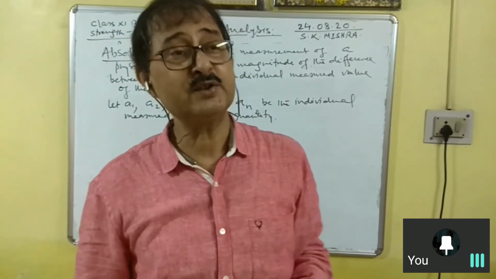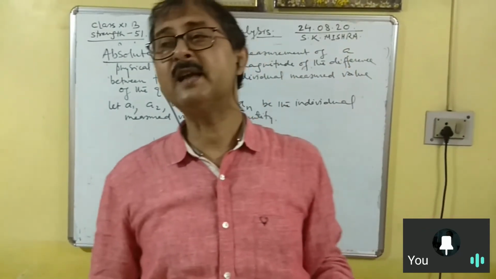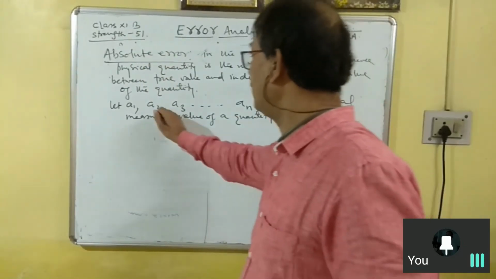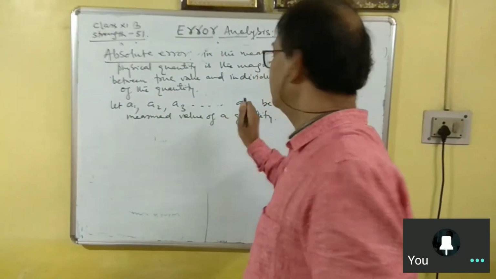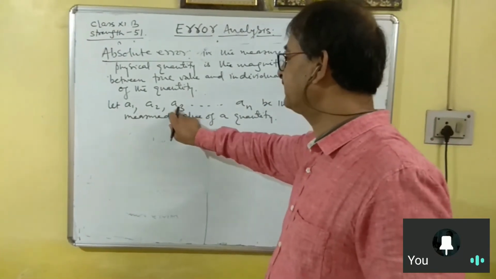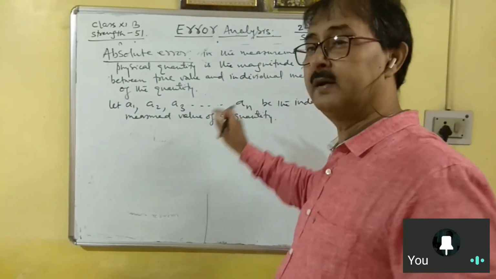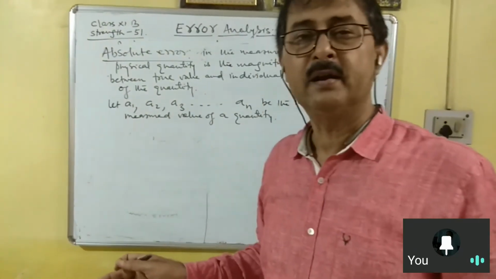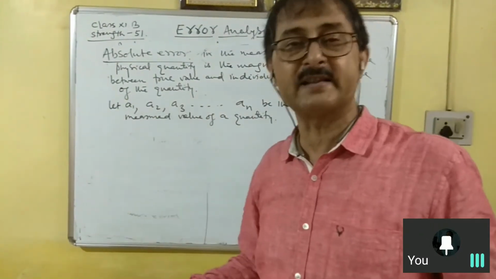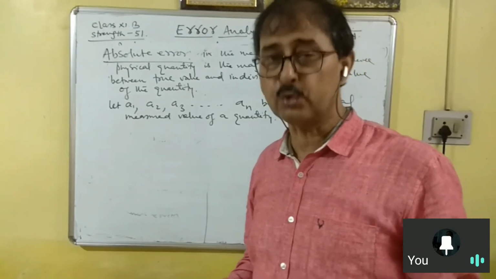If it is not known to you in some other way, then the best way is to take the arithmetic mean of all the individual values. There may be some error in each measurement, but take the arithmetic mean. Add all these, divide by the number of readings, and you will get the arithmetic mean. That will be the best value, the true value.